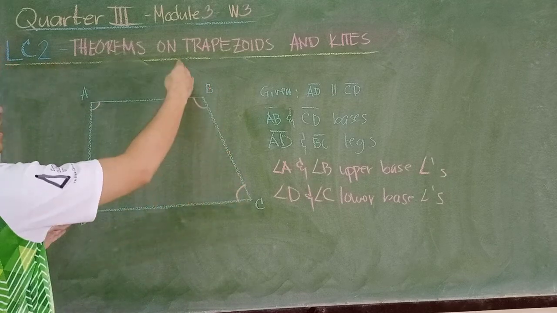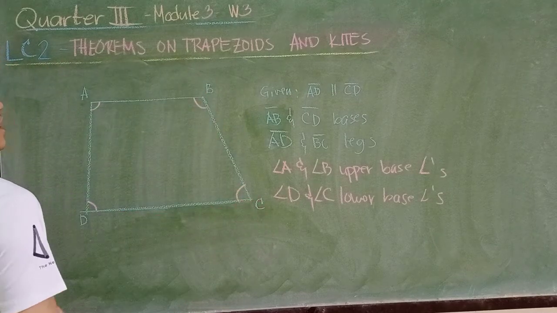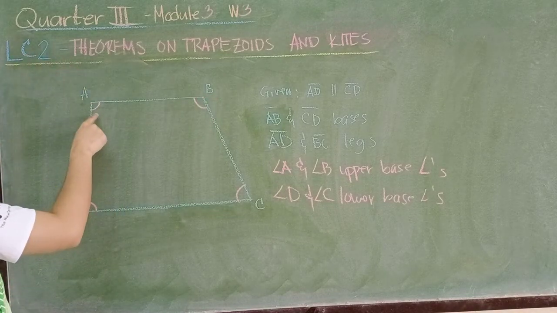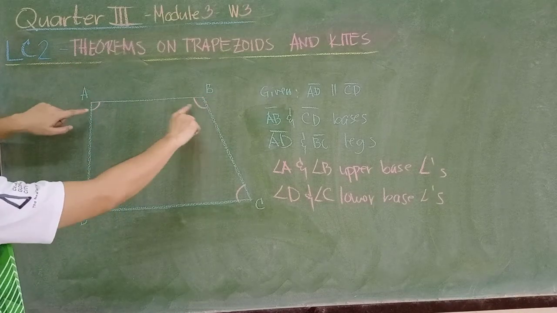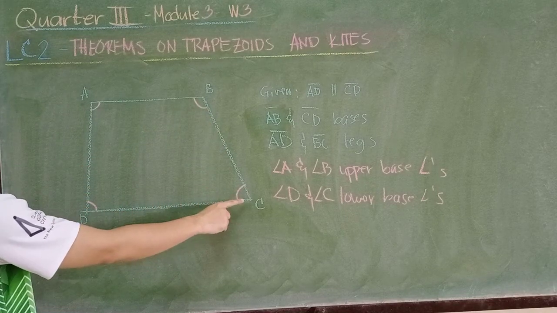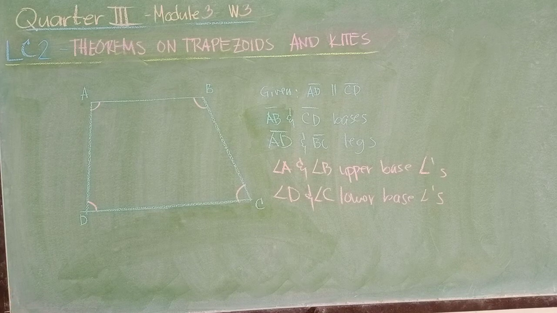Line AD and line BC are the legs. The angle formed by a base and a leg is called a base angle. The angles at the top are the upper base angles. The angles formed at the bottom are the lower base angles.